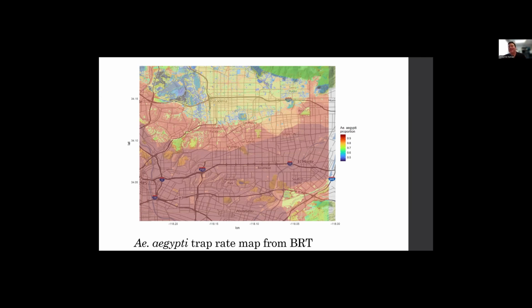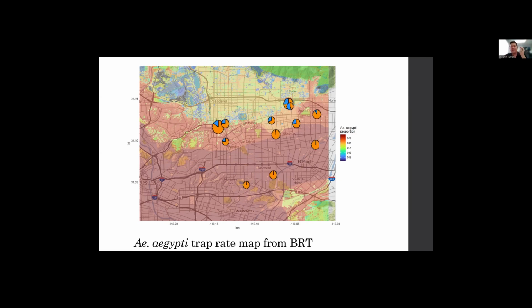So the blue areas aren't albopictus dominated, they're predicted to be about 50-50, and that's just because of the input data. And we see that as you move towards East LA in the southwest area of this map, you get much higher prediction for Aedes aegypti. And then as you move up into the foothills of the St. Gabriel Mountains and other mountains, you get more albopictus.